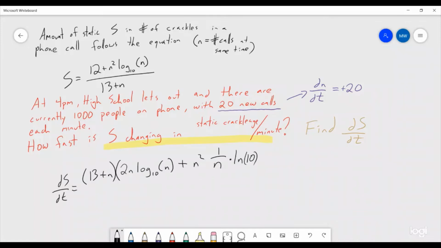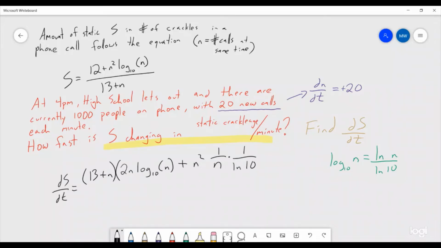what? Well, that's going to be times 1 over natural log of 10. If you don't remember that, rewrite log base 10 of N as natural log of N over natural log of 10, which means that when we take the derivative, it's going to be divided by the natural log of 10, times 1 over natural log of 10.